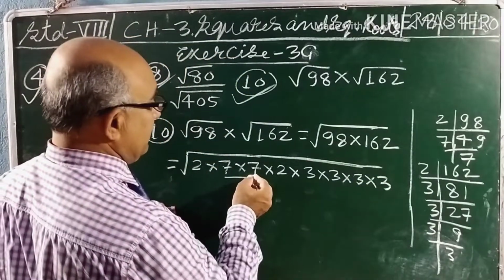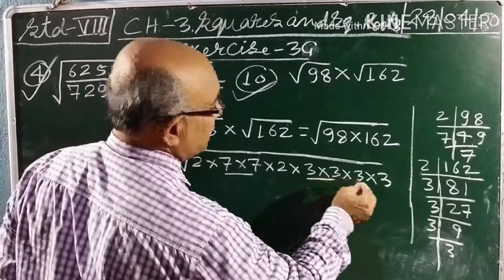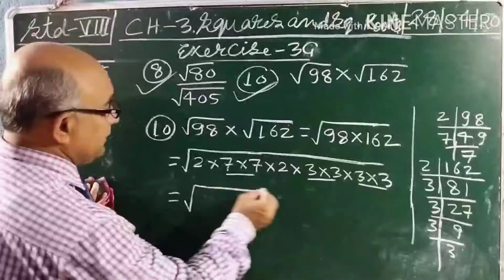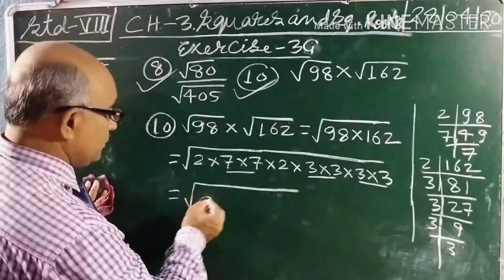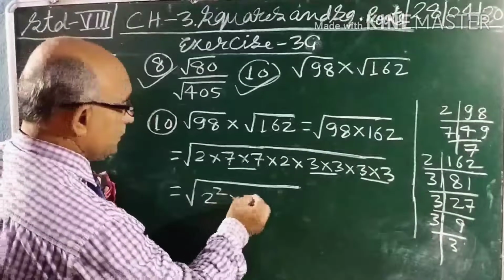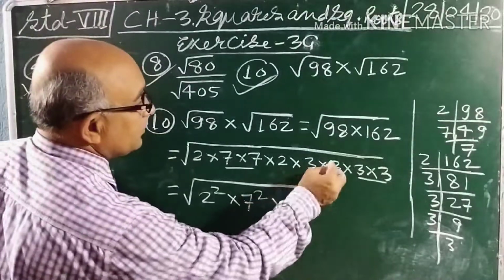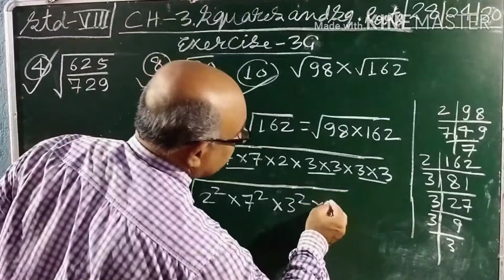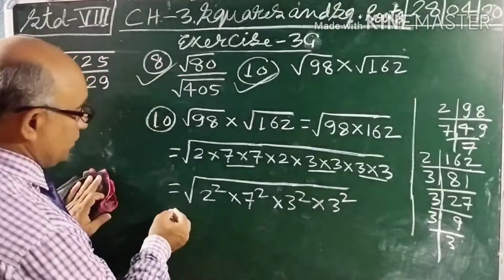So 7 pair, 7 into 7, 3 into 3 and 3 into 3. 2 is also in pair. So write it: 2 into 2 is 2 square, 7 into 7 is 7 square, 3 into 3 is 3 square, and 3 into 3 is 3 square also.